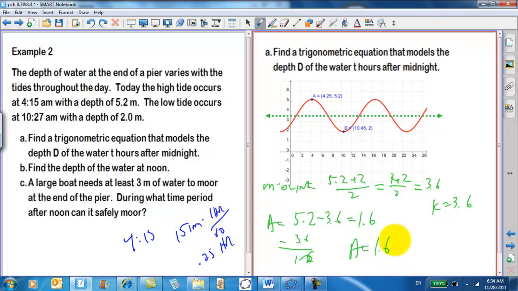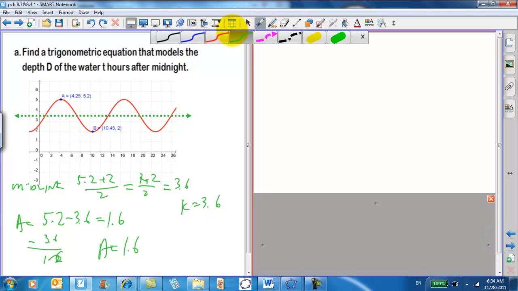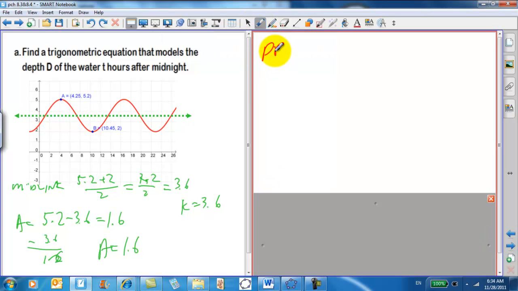We should also figure out the period. The period is equal to 2 pi divided by b, so b equals 2 pi divided by the period. What is one complete period here? From 4.25 to 10.45 is basically half a cycle.